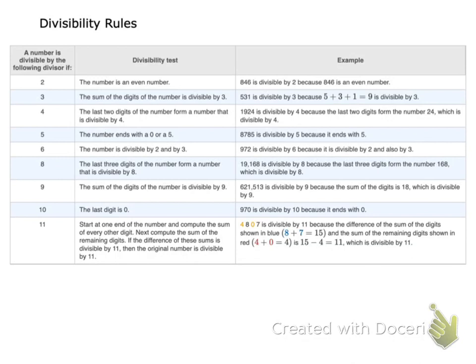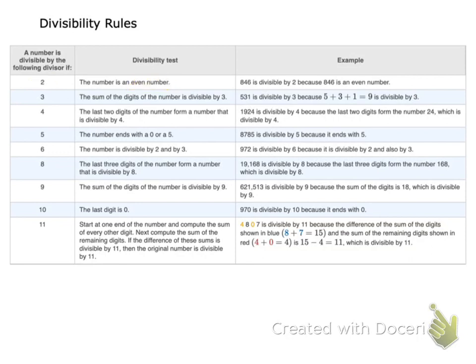These are not by any means all of the divisibility rules, but these are the most common divisibility rules that you can use when determining if a number can be divided by one of these. Some of them are pretty obvious, and you probably already use often. So to determine if a number can be divided by 2, we look if it ends with an even number. So 0, 2, 4, 6, or 8. If that's the last digit, it can be divided by 2.